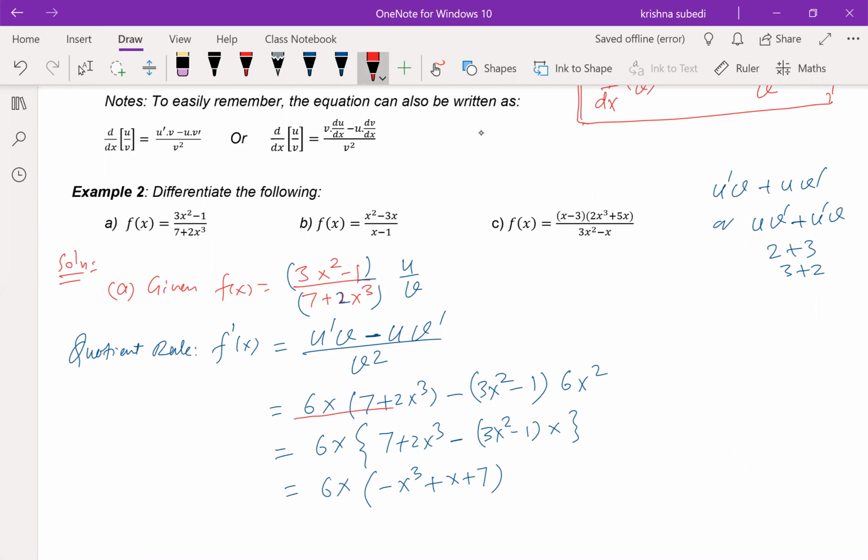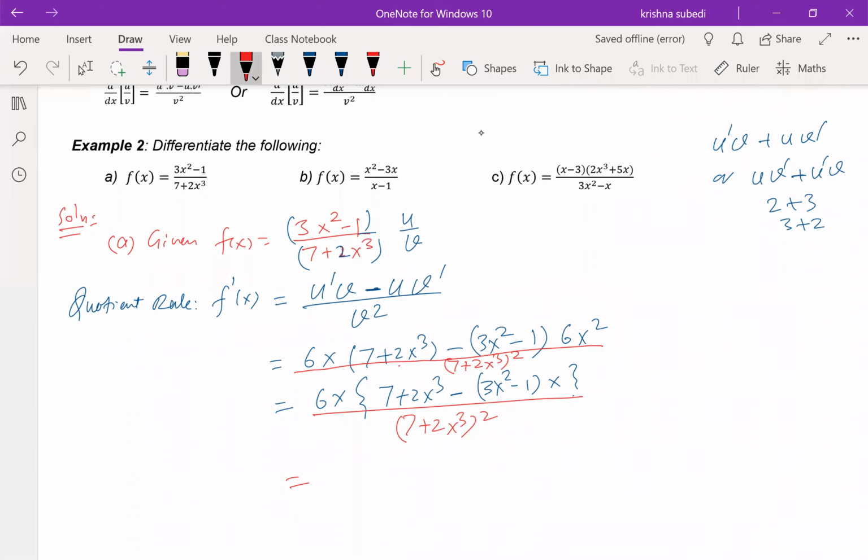Don't forget to write the v squared. So v squared means this, 7 plus 2x cubed, squared. So your final answer is going to be 6x times (minus x cubed plus x plus 7) over (7 plus 2x cubed) squared.